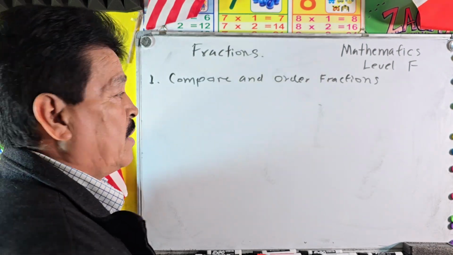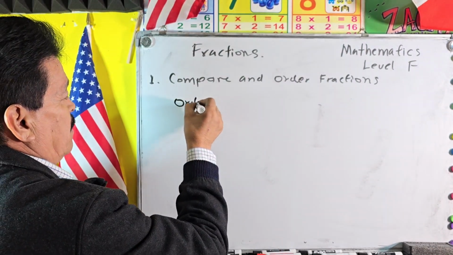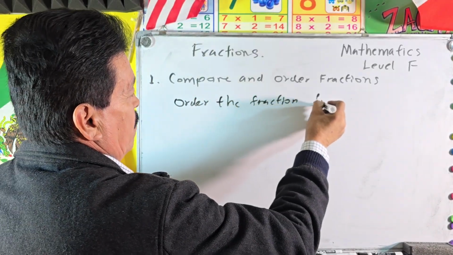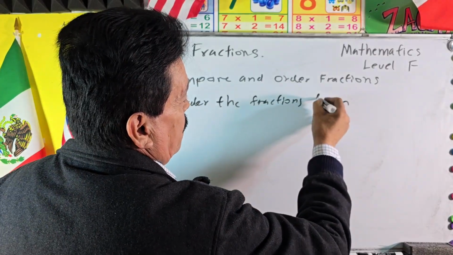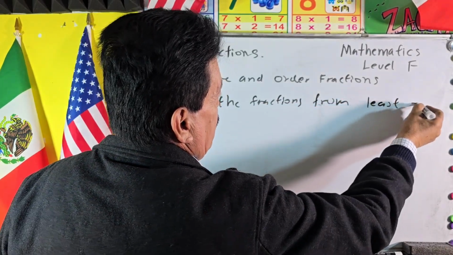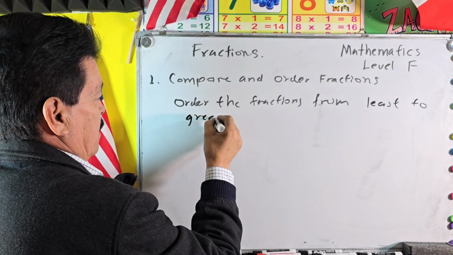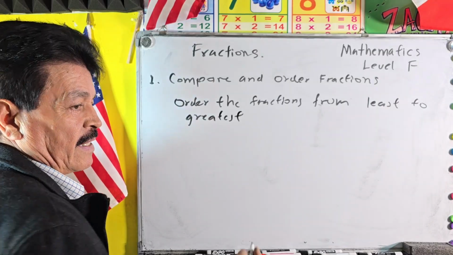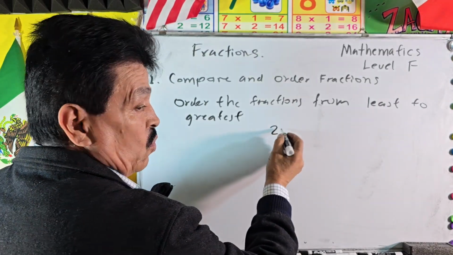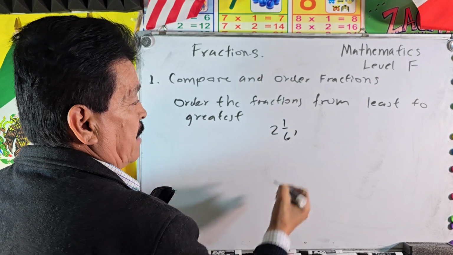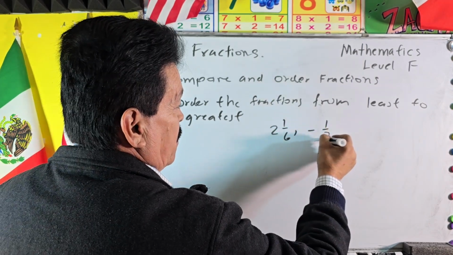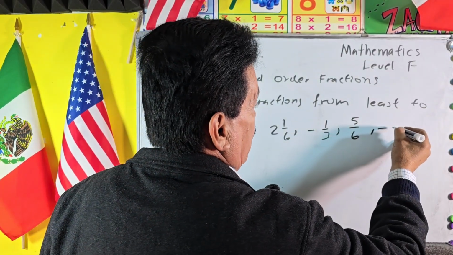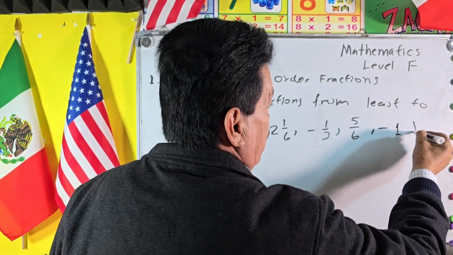For this example, we have 2 1/6, then negative 1/3, then 5/6, and then negative 1 1/2.